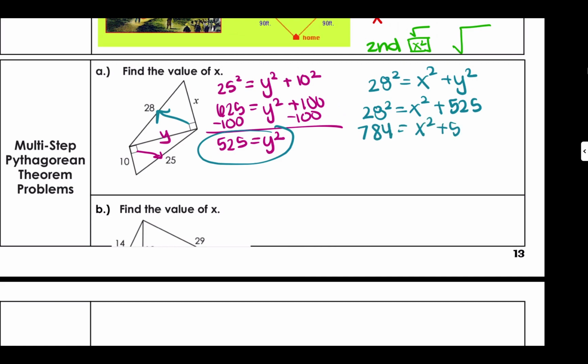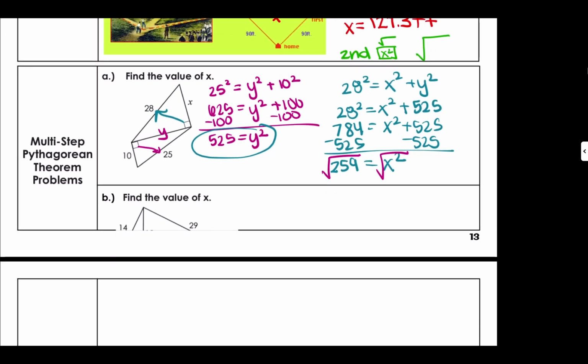Subtract 525 from both sides. X squared is 259. Take the square root of both sides now, and you get x is equal to 16.1.